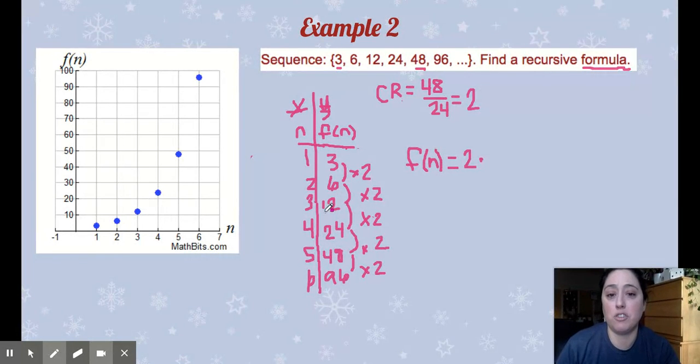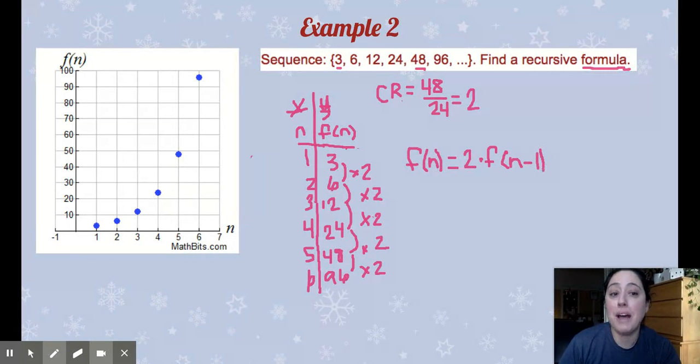So let's say I'm on 12, okay? So 12 would be equal to the previous number times 2. Now, how do I write previous number here? Okay, so the previous number would be n minus 1.